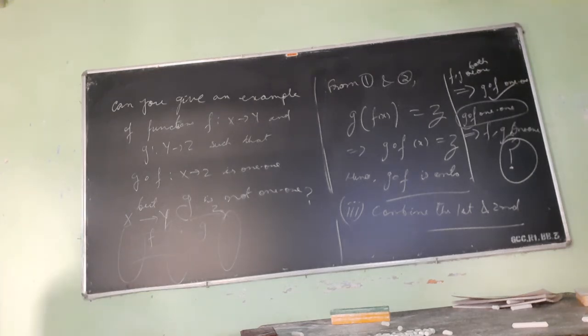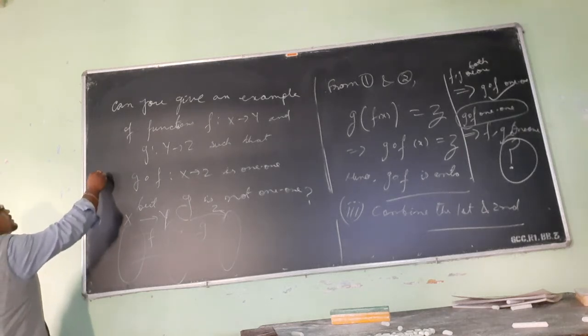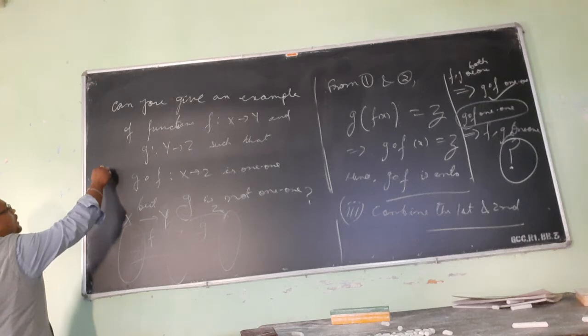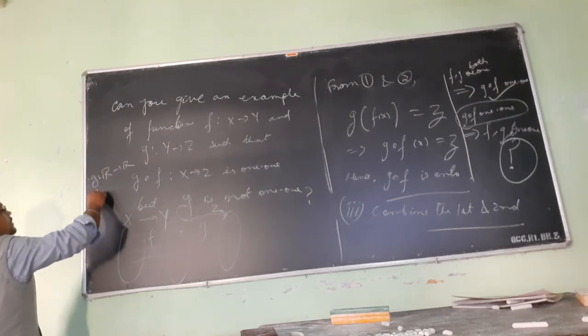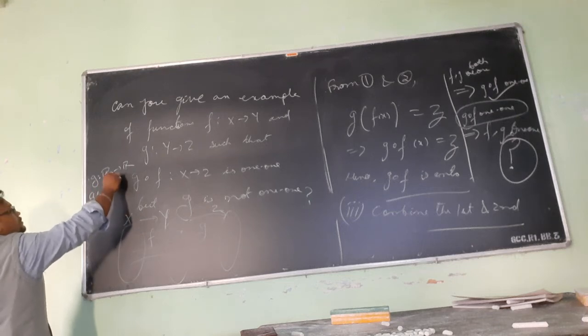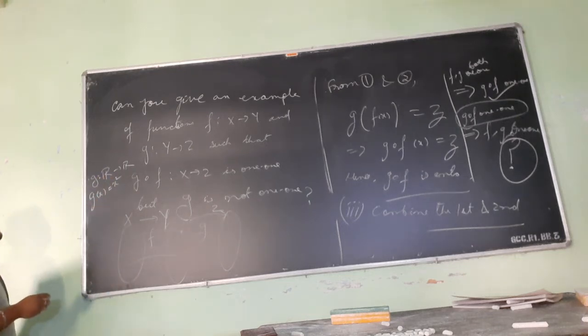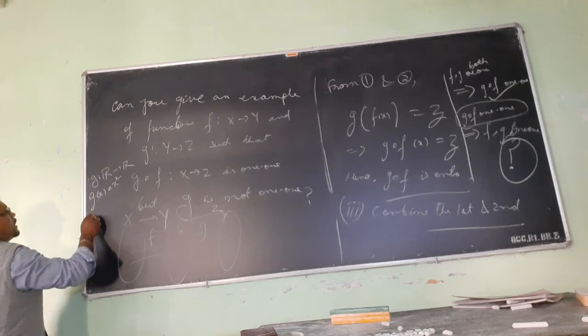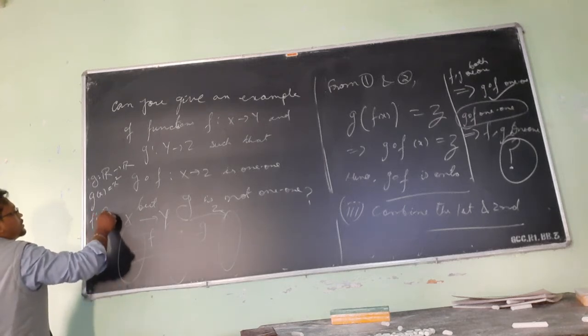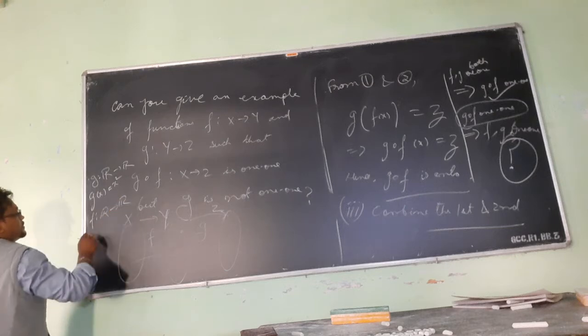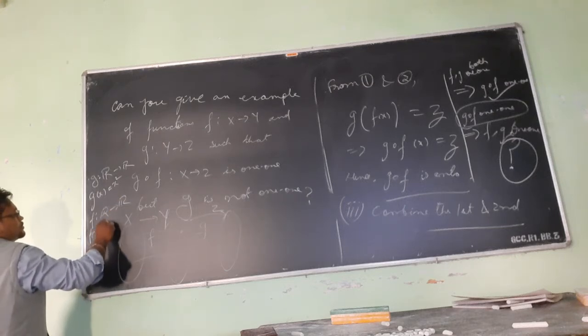g(x) equals x squared. g from where to where? R to R. g from R to R defined by g(x) equals x squared. Then f(x) equals root x, and f from R to R defined by root x.